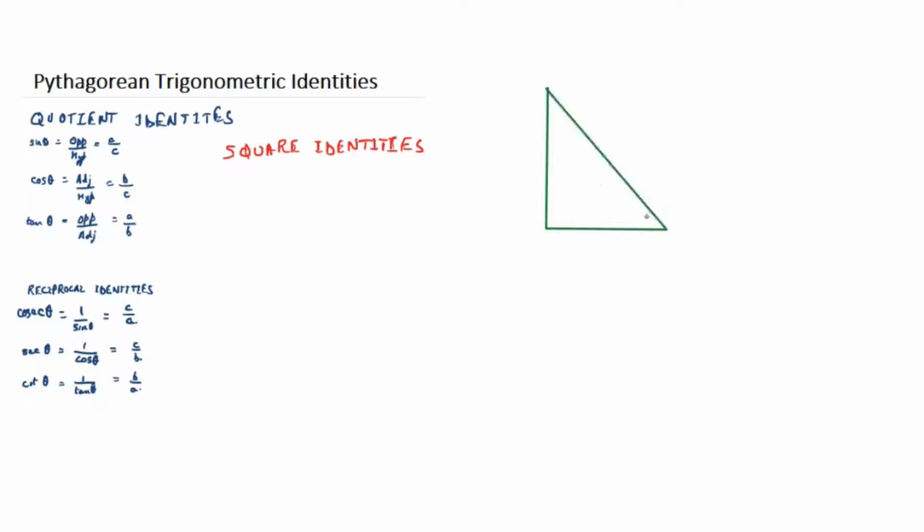Let me call this angle theta. This is the right angle. The triangle is ABC, right angle at B. So we have A and B, the two legs of the triangle, and C is always the longest side, the hypotenuse.